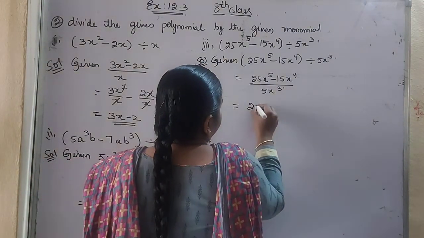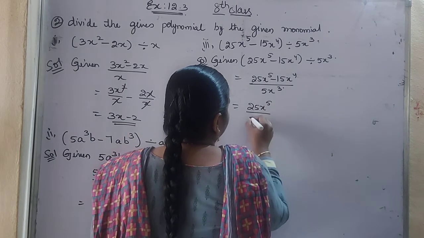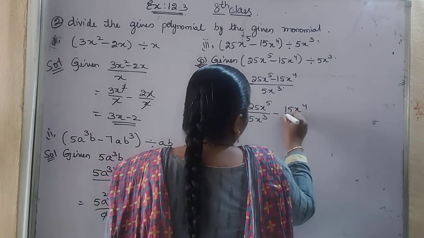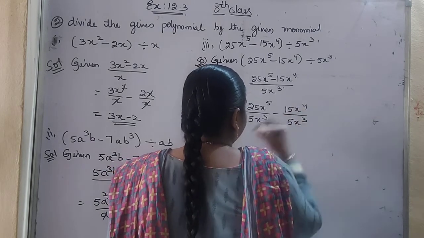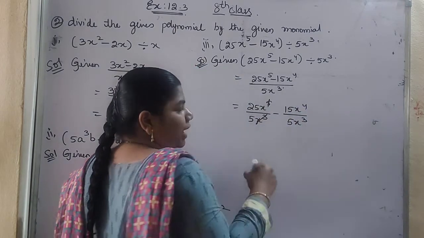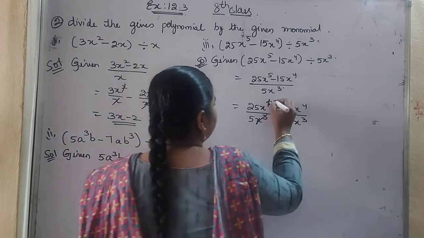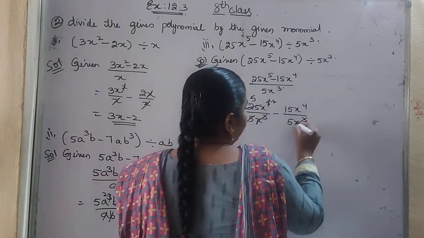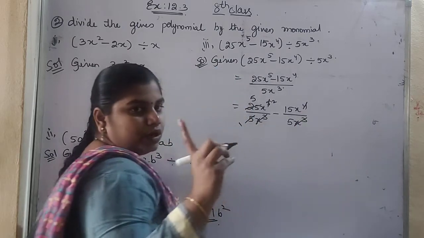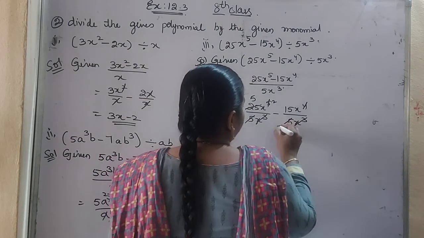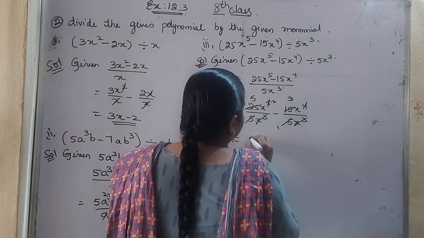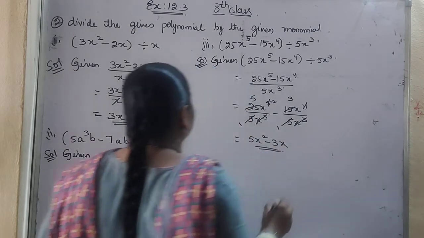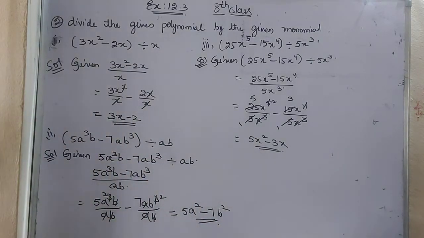It will be 25 x power 5 by 5x cube minus 15 x power 4 by 5x cube. So x cube cancelled means only x square is remaining. 5 ones 5 fives. x cube cancelled means only 1 x will be remaining. 5 ones 5 threes. So the answer is 5x square minus 3x. So this is our answer of the third question.